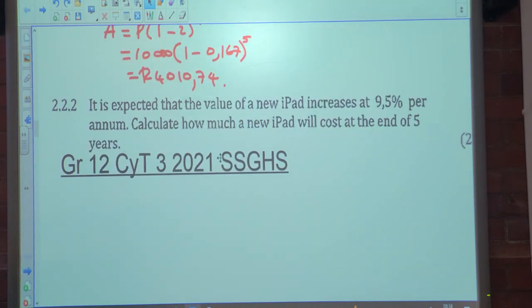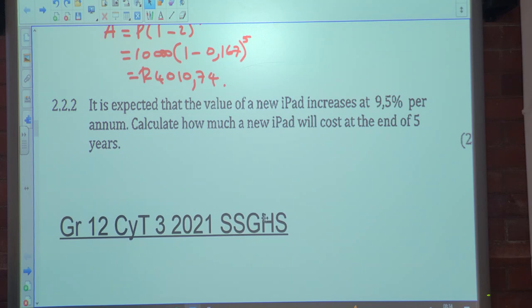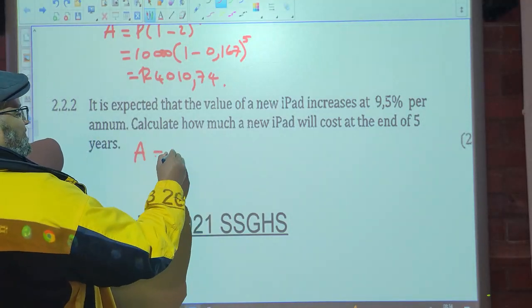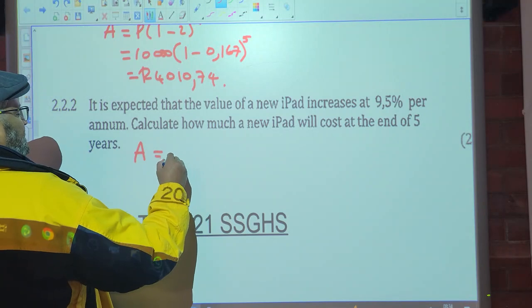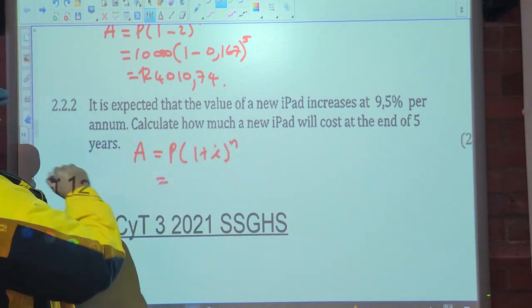You are told that it is expected that the value of a new iPad increases at 9.5% per annum. Calculate how much a new iPad will cost at the end of 5 years. So again, your inflation will follow your compound formula: A is equal to P into (1 plus i) to the exponent n.